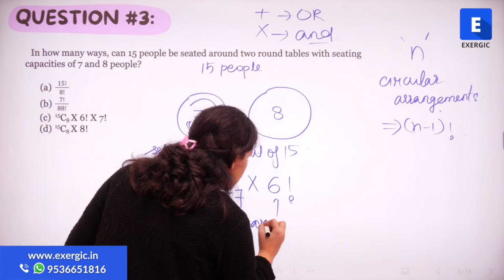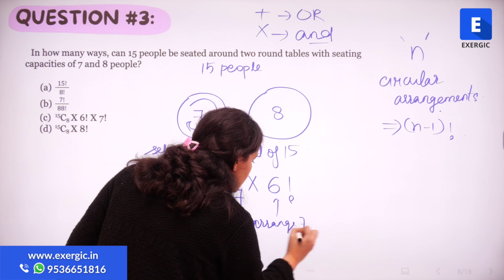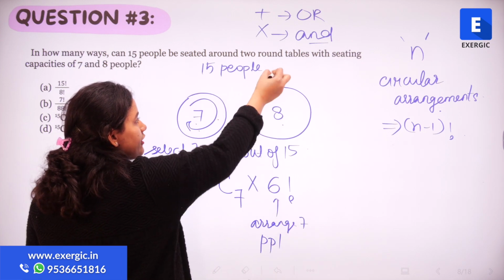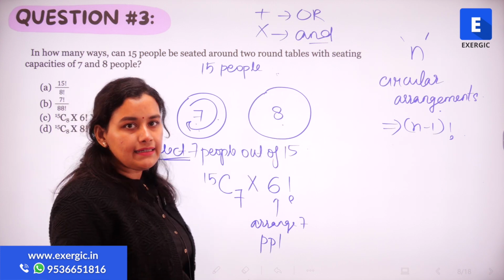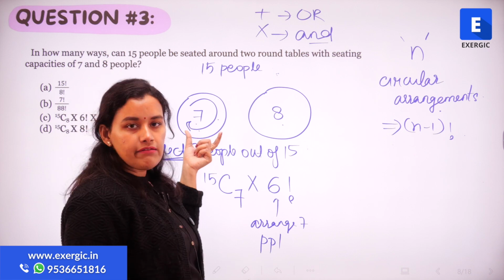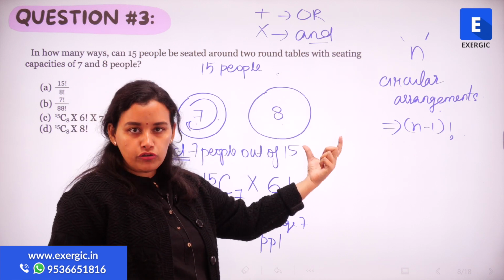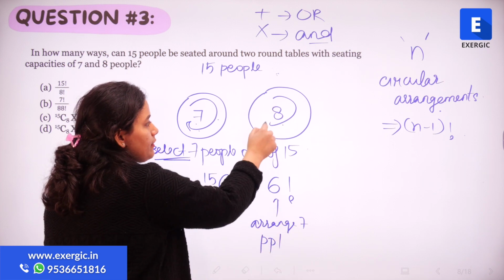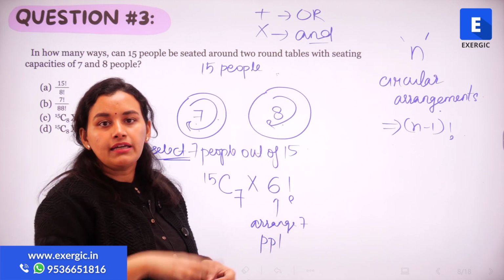So the first step is to select 7 people of these 15 and arrange those 7 people. So the 6 factorial is arranging 7 people in the first round table. What about the next round table? The remaining 8 people automatically go to the next round table, right? And in how many ways can we arrange these 8 people in a circular manner?